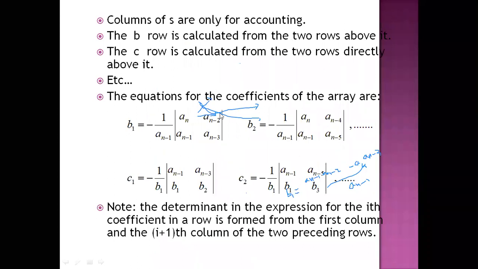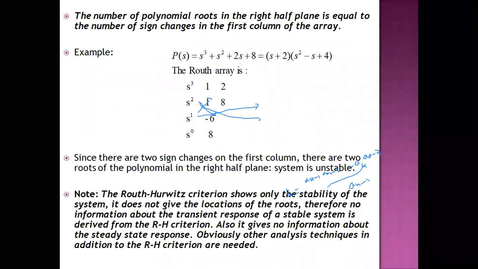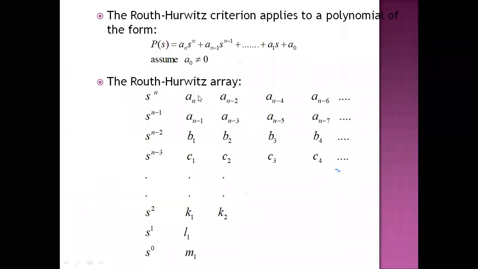So you have to find out the determinant terms. Once all the elements in the Routh array are formulated, you check the first column.